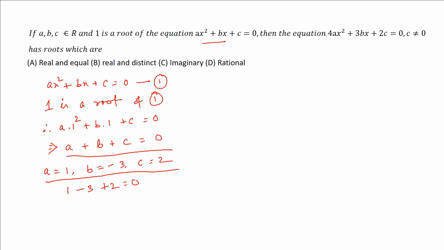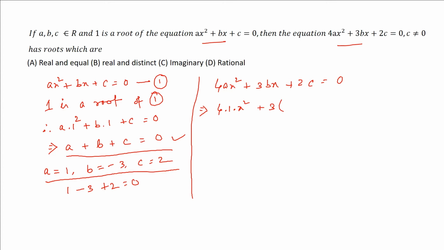Now, the given equation is 4ax square plus 3bx plus 2c equal to 0. Put the values: 4 into 1 into x square plus 3 into minus 3 into x plus 2 into 2 equal to 0, which implies 4x square minus 9x plus 4 equal to 0.